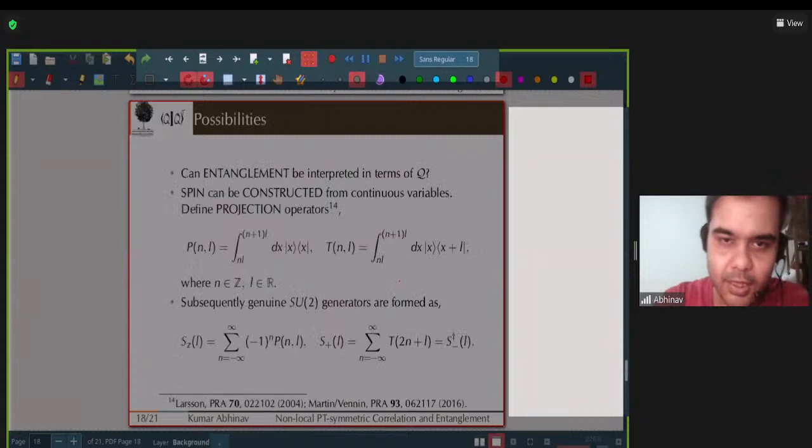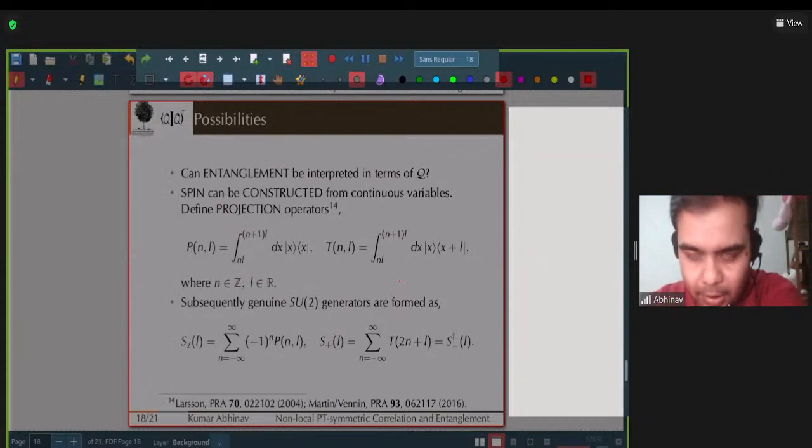So what can we do? Can we construct something that will allow us to utilize this conserved correlation to look at something like entanglement, say Bell inequality?